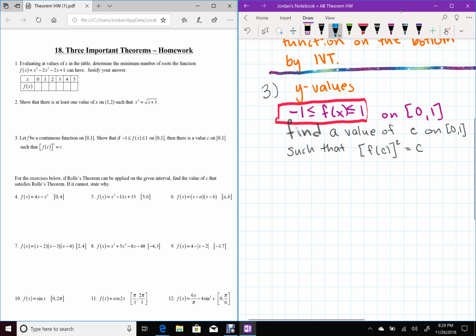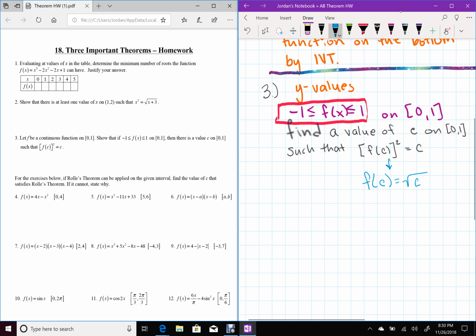So what we did is we said if we want the value of the function squared to be c, then if we take the square root of c, we must get the value of the function. So that's saying that f of c should equal the square root.